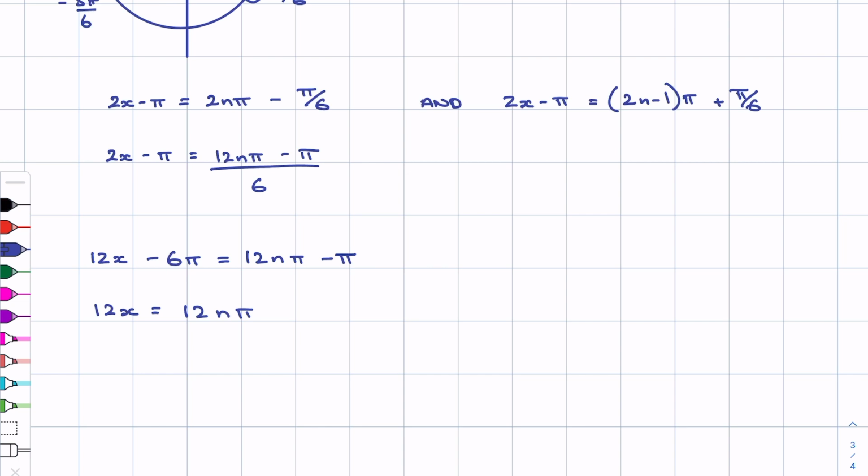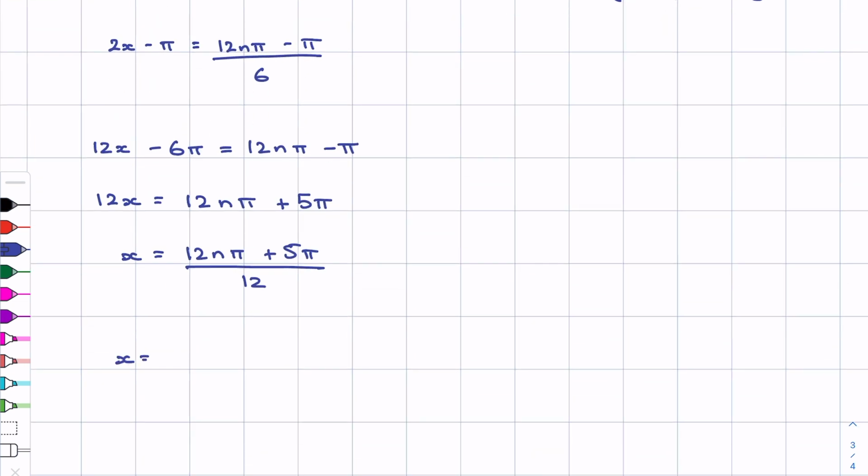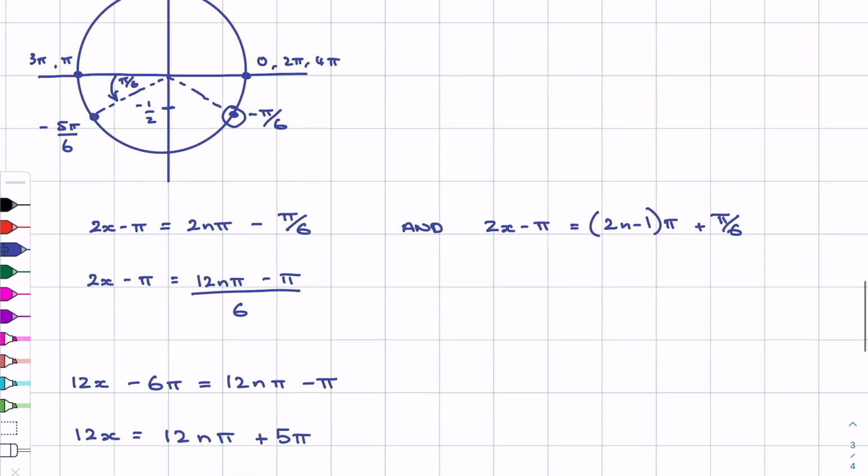Minus pi, and we're going to be adding 6, so that becomes plus 5 pi. And I can say x equals pi times 12n plus 5 on 12. And that gives us one of our general solutions, namely this value here.